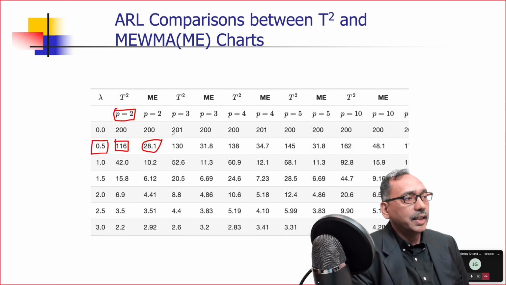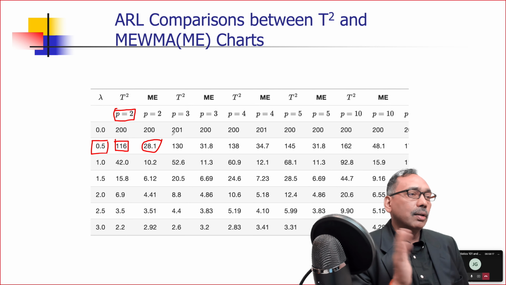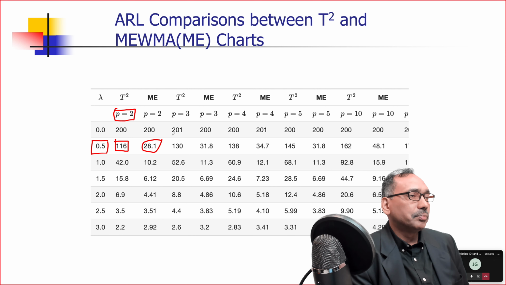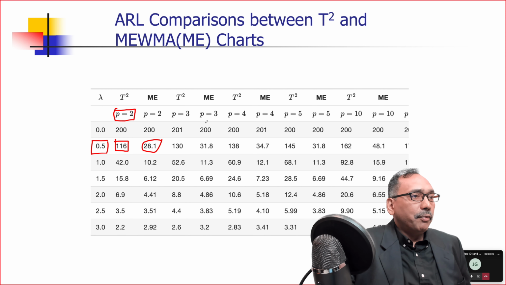So 116 minus 28, about 88 runs difference. So T-square will be late by almost 88 runs. If you have three variables, it's going to take even slightly more time on T-square, and slightly more time, not that much, on MEWMA.